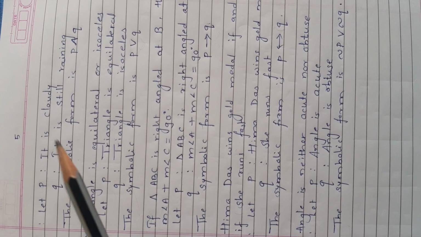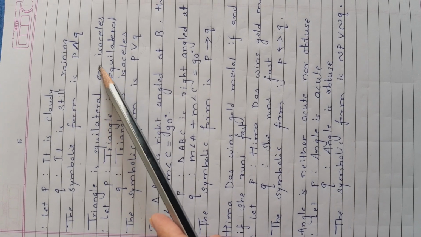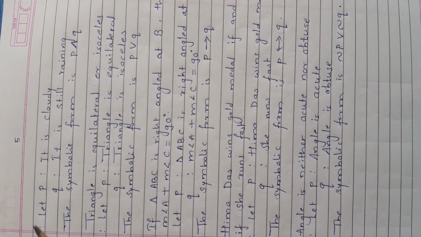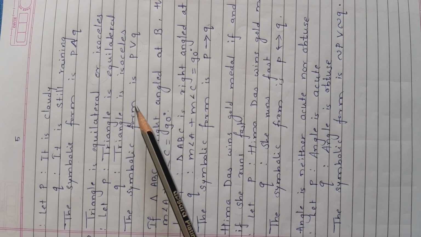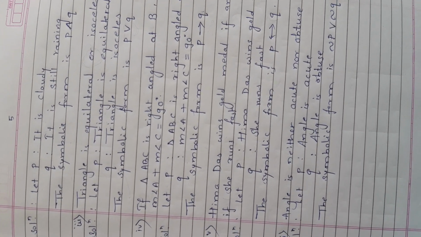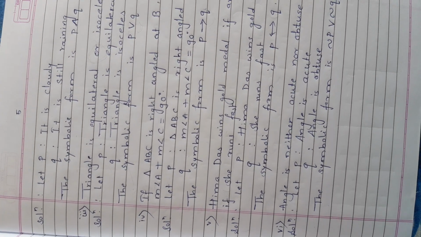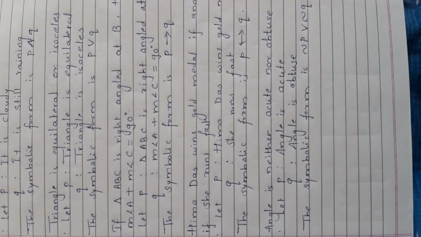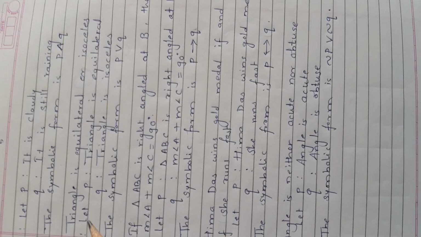Students, in this example the logical connective 'or' is used. So the symbolic form is P or Q. This was a very simple example. Now let us move to the fourth one.